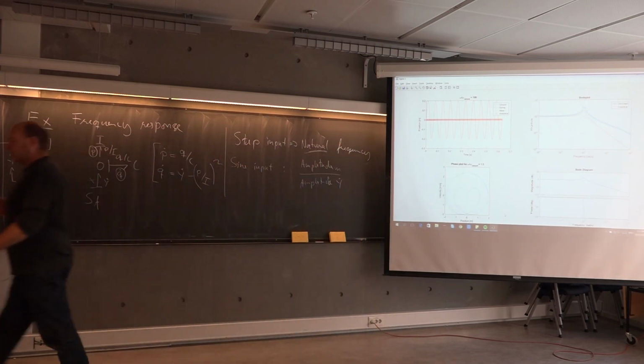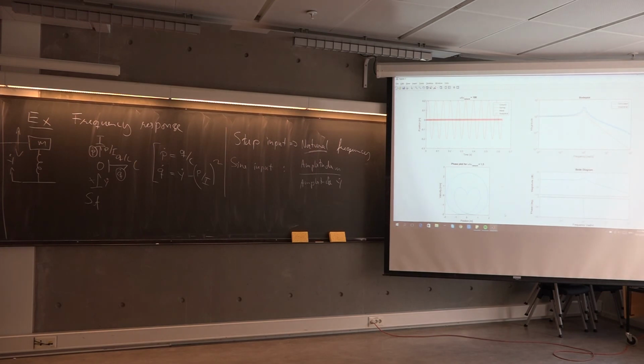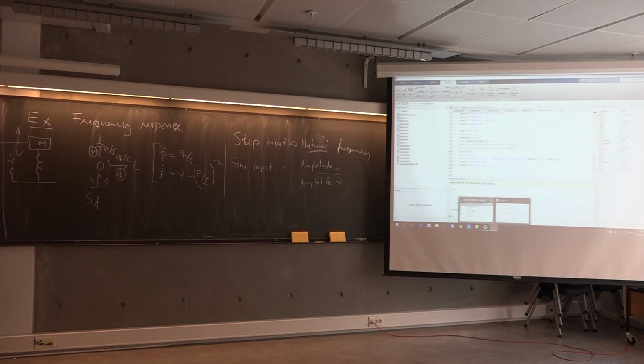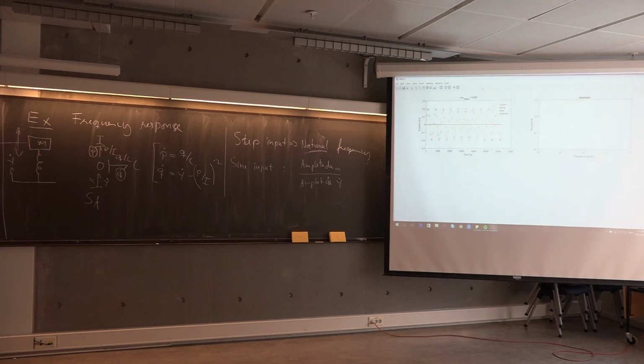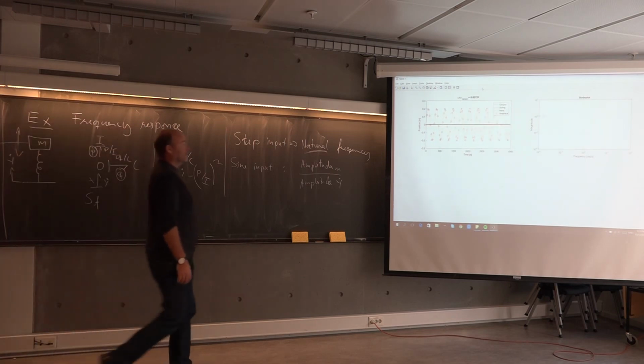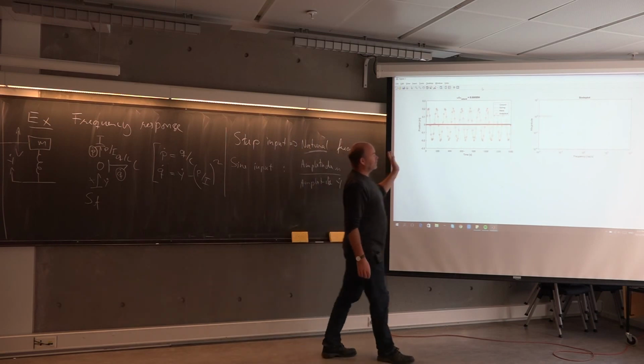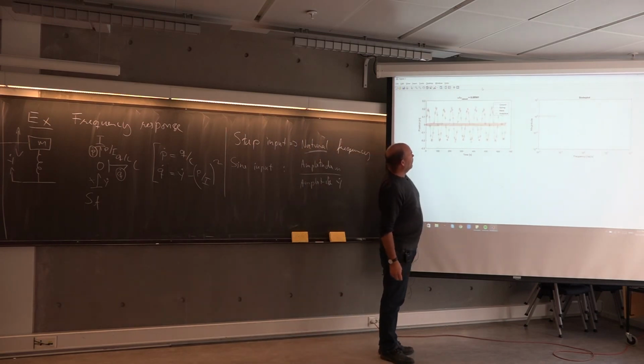I think I had another one. You can just play around with the different frequencies. You can see for yourself. Here omega was 3/2. If we take omega 1/2, we get another one. So the other graphs will be the same.